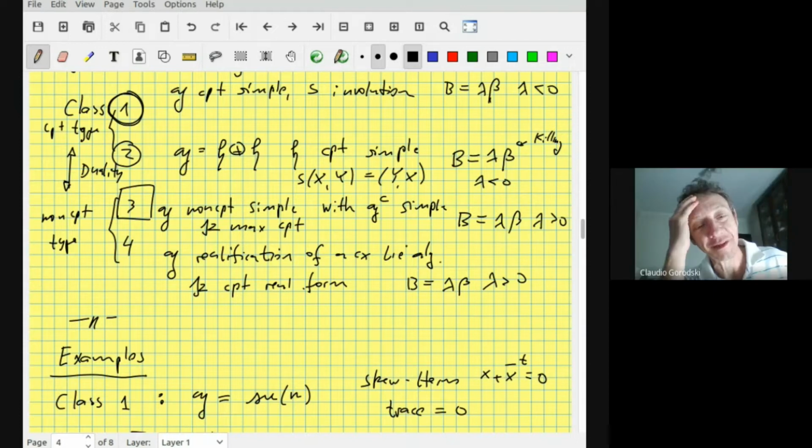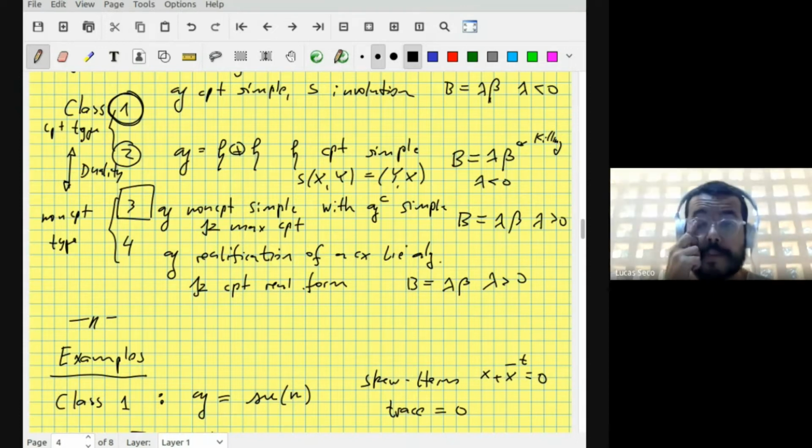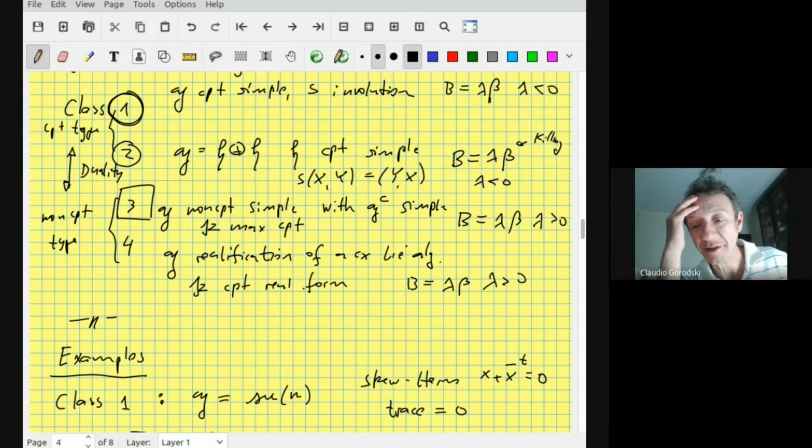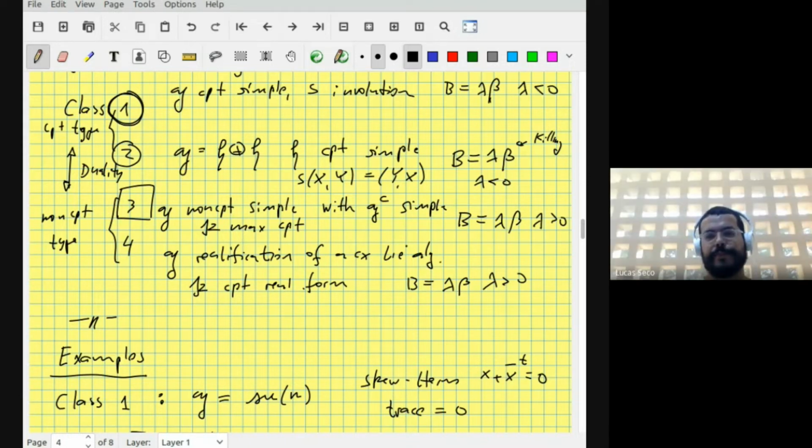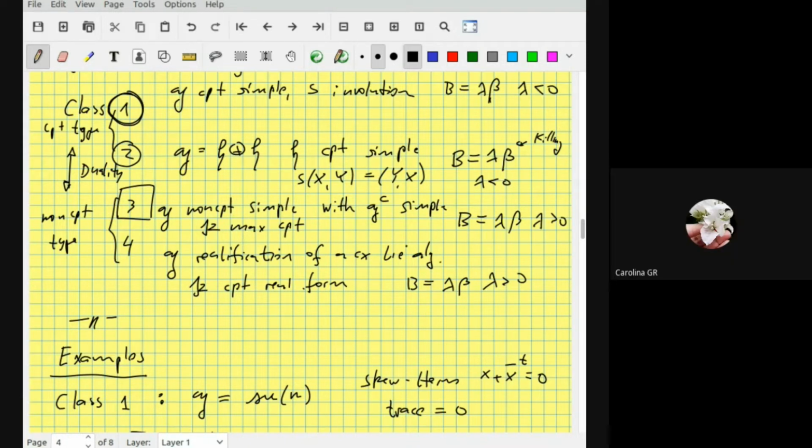Carolina wants to ask. Oh yeah, Carolina, sure, just open your mic. Hello, Claudio, again. Well, it's a general question. What happens when the group is simple, the isotropy subgroup is non-compact, and the representation is reducible?